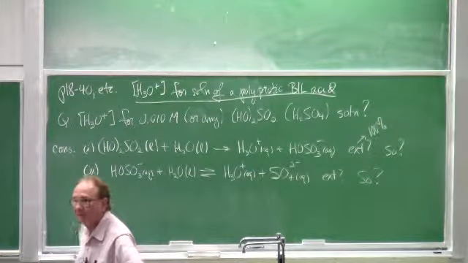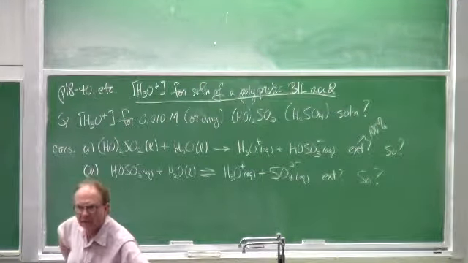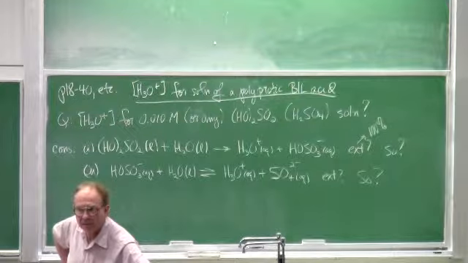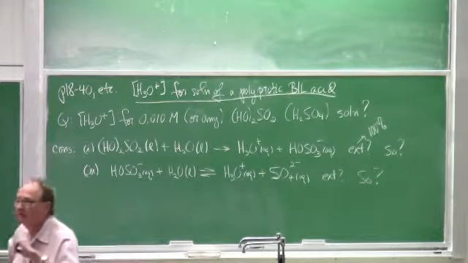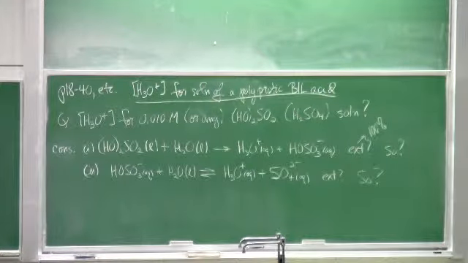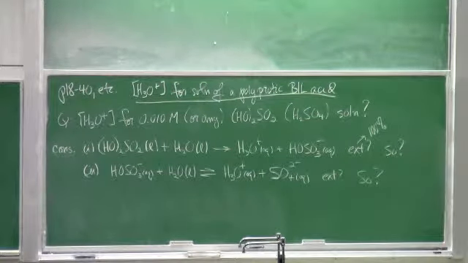It's the same molar concentration as whatever sulfuric acid was. It means that the concentration of hydronium ions is the same as the concentration of sulfuric acid. Not the same as, but at least that.